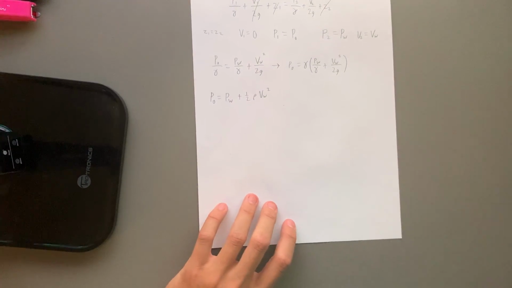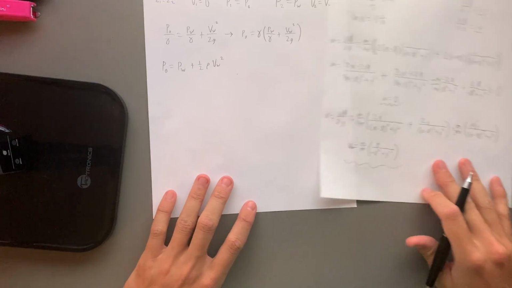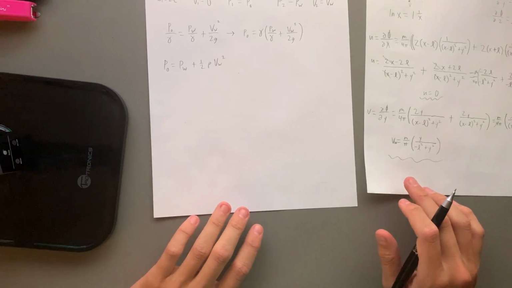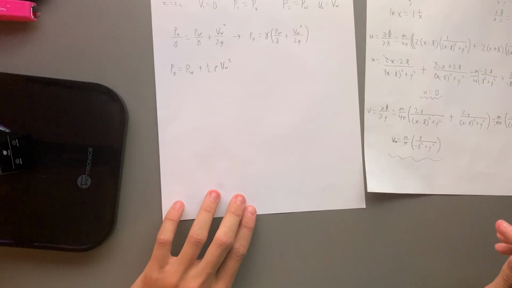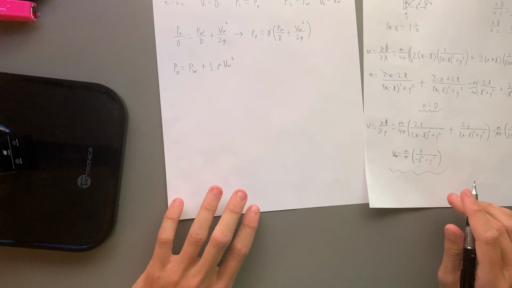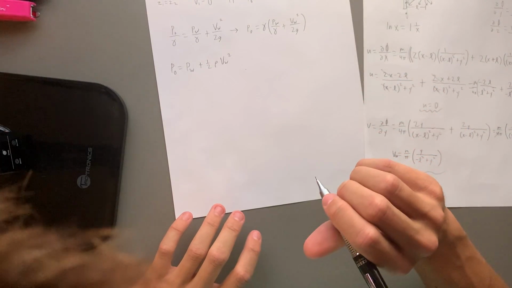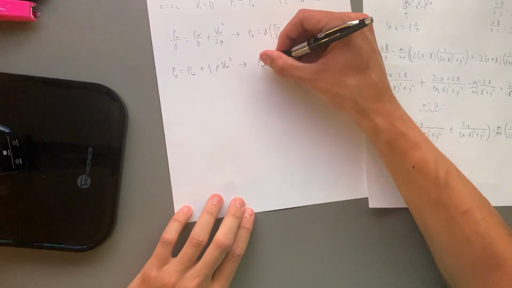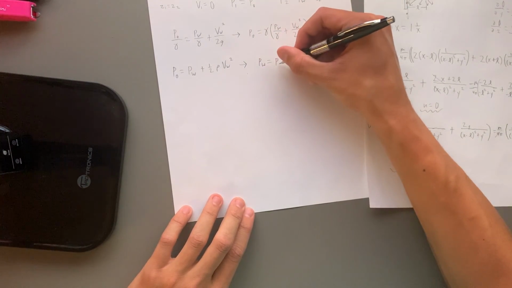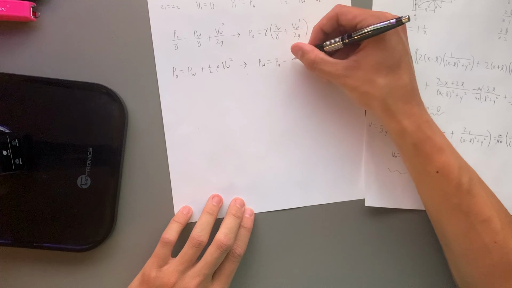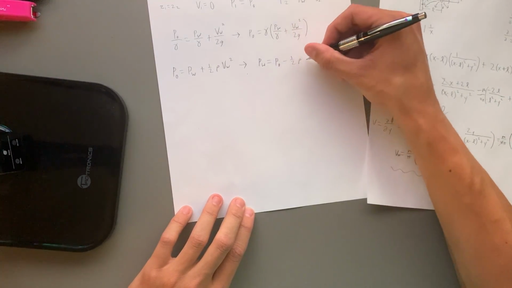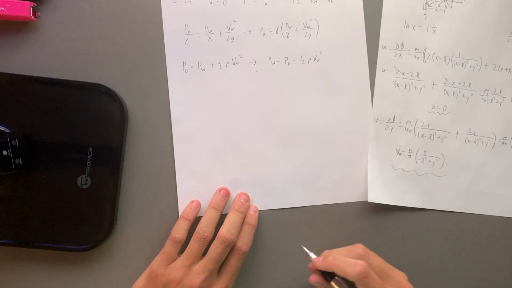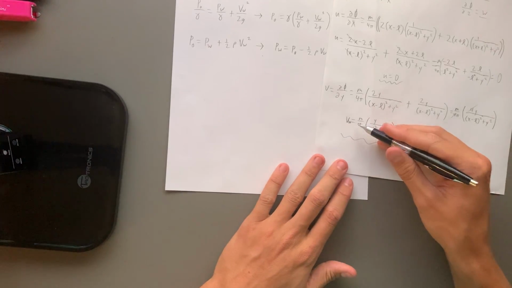So now that we have this, we can come back here with our V value and plug this in. Actually, we're not quite ready for that. We need to switch this over to get pressure of the wall equals P naught minus 1/2 rho V wall squared. All right, now we can plug in our V.